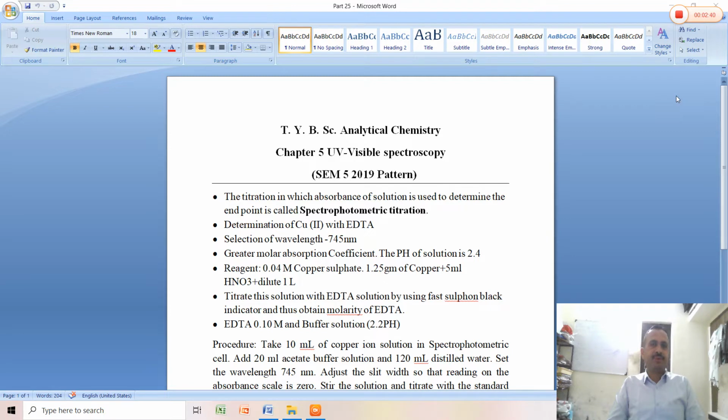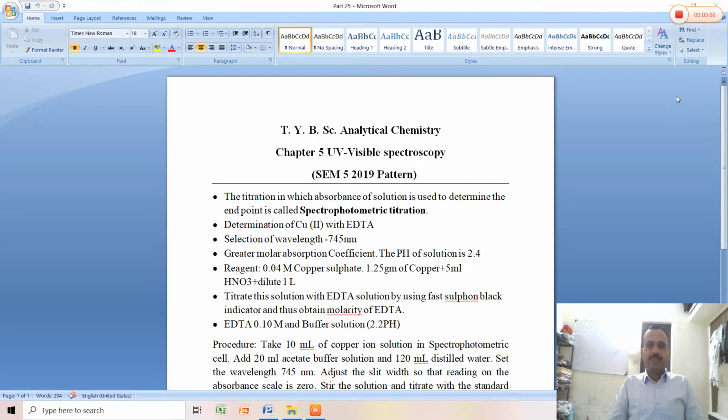For example, we prepare copper 2 ml, 4 ml, 5, 6 ml, 8 ml and 10 ml, that is increasing concentration of copper. Again, we prepare a blank solution and a test solution of unknown concentration of copper. So there are about 7 different solutions.